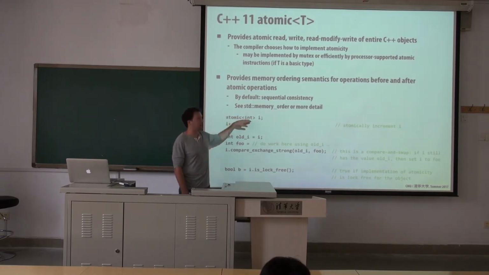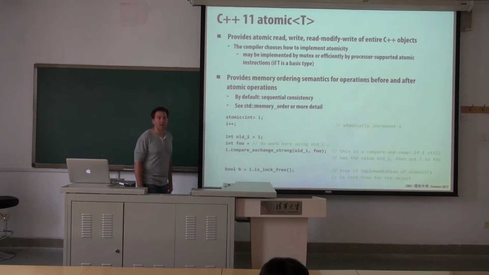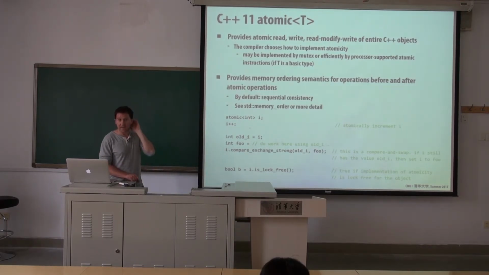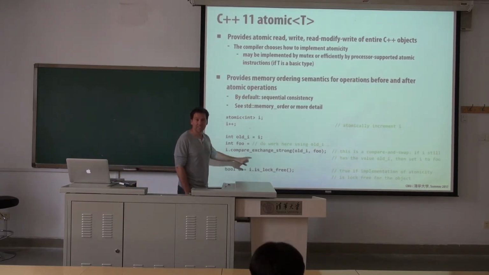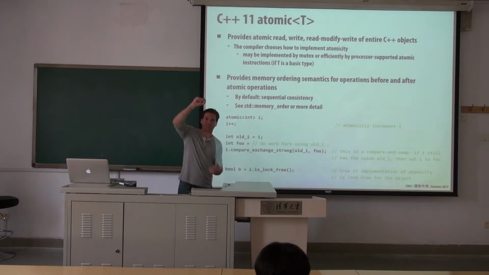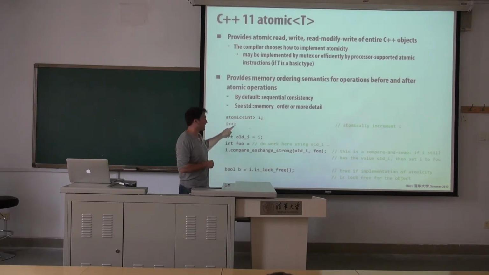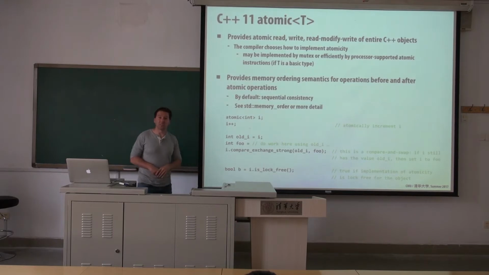You can wrap any object in C++ with an atomic, and it will guarantee that operations on that object are atomic. How it guarantees that is up to the compiler. For example, it might put a lock and an unlock around your code, or if it's something simple like this, it might use a machine instruction like atomic add. So C++ determines how to do it.